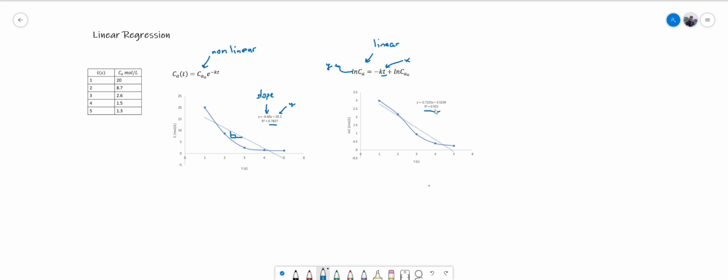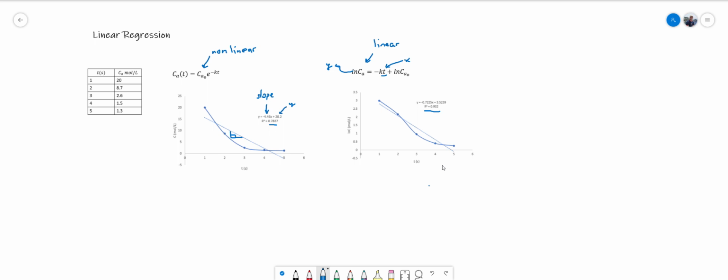So now I've done a lot better at describing the variability in this data set. I can say that at least 93% of the variability in the natural log of the concentration is due to the time here.